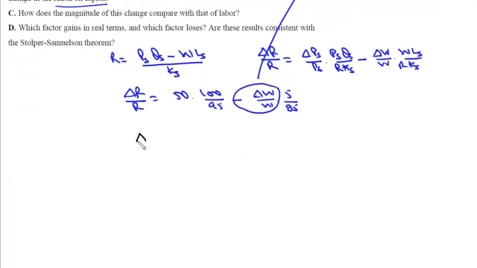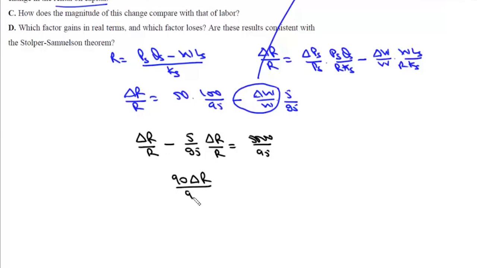So it will be delta R upon R minus 5 by 95 delta R upon R, and there will be 5000 upon 95, or we can write 90 delta R upon 95 R will be equal to 5000 upon 95. Now this 95 will cancel, and this 0 will also cancel.